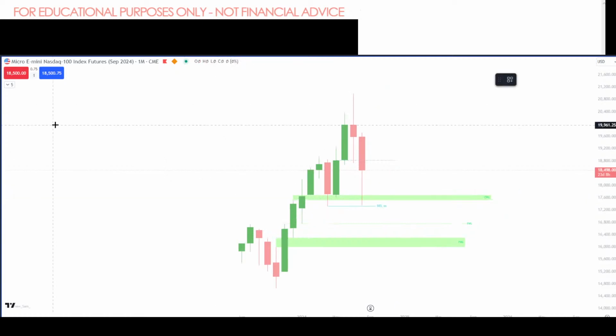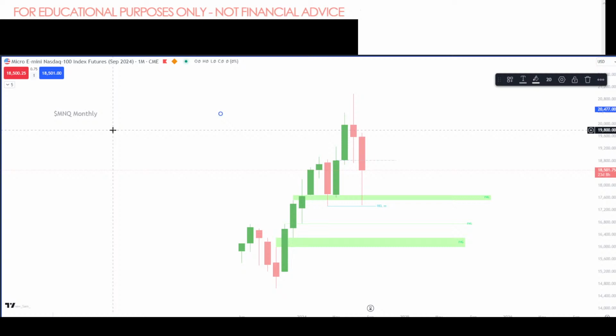Let's note what we are noticing here on the monthly. This is MNQ monthly, and what we notice is that price made relatively equal lows, but we didn't raid the sell side liquidity.